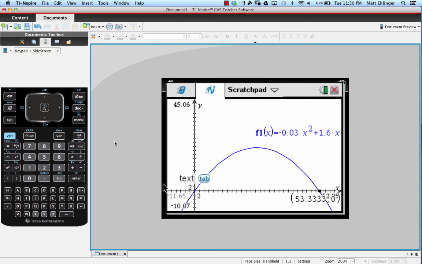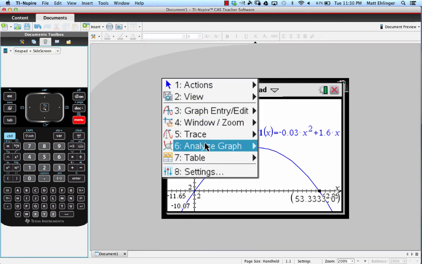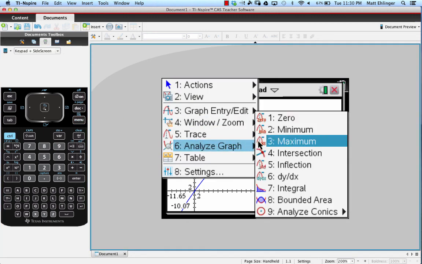And now we also want to use the calculator to help us determine the maximum height of this ball. Again, it's going to be the maximum, the vertex of this parabola. We could do this algebraically, but since we're on here, we can let the calculator do it for us. So analyze the graph, and this one is a maximum.